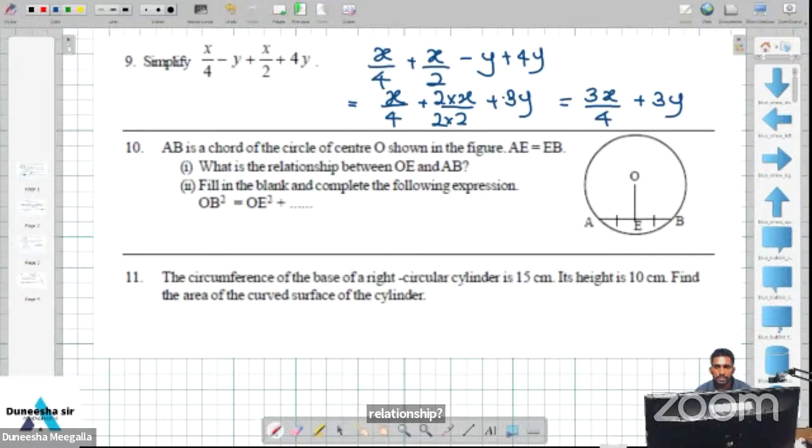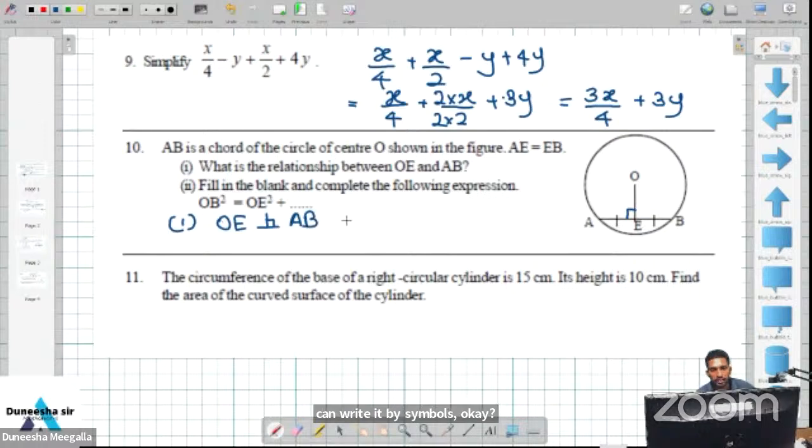Satish, can you remember? What is? Perpendicular. Yes, it's perpendicular. It's 90 degrees. Okay, you can write it by symbols. Okay, it's OE perpendicular to AB.